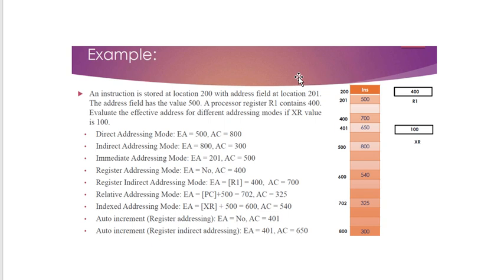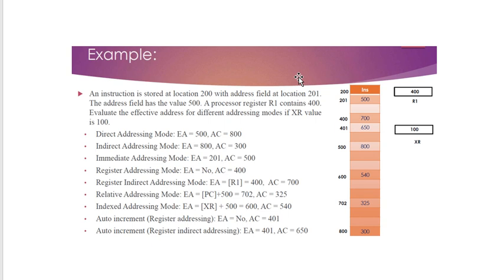Now, you remember that in the von Neumann architecture, we store the instructions, maybe I store one at location one, and we'll store the next one at location two. That's the von Neumann architecture. So instruction and data are all stored in memory at the same time. But here it says the instruction is stored at location 200 and the address field is at location 201.